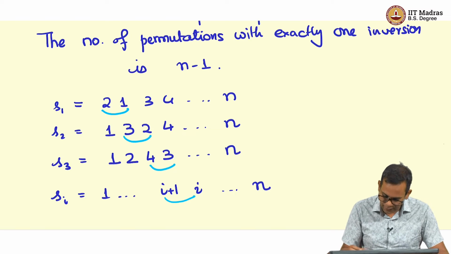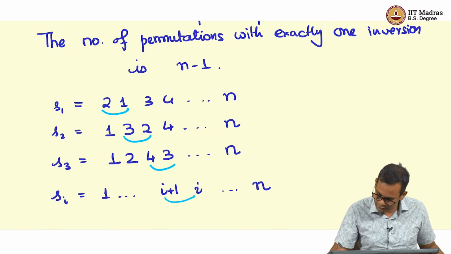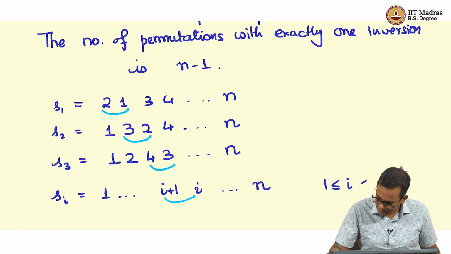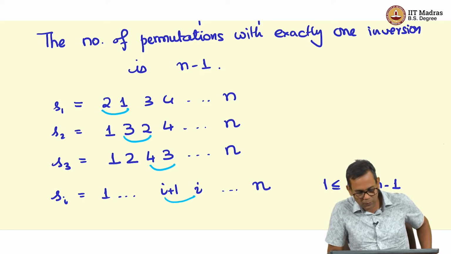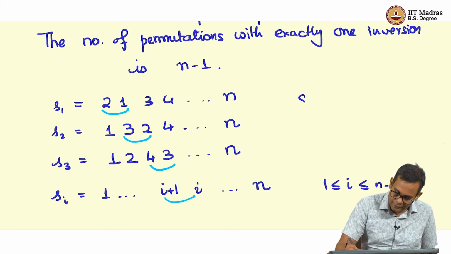And what can i be? i has to be between 1 and n minus 1, and this gives me the n minus 1 permutations which have exactly one inversion. These are sometimes called simple transpositions.